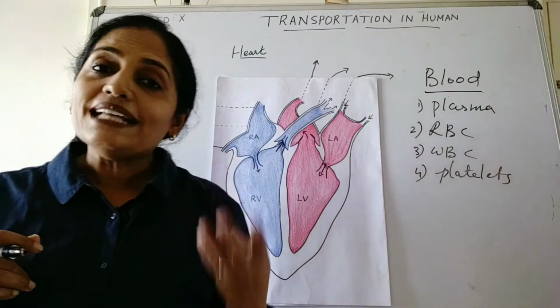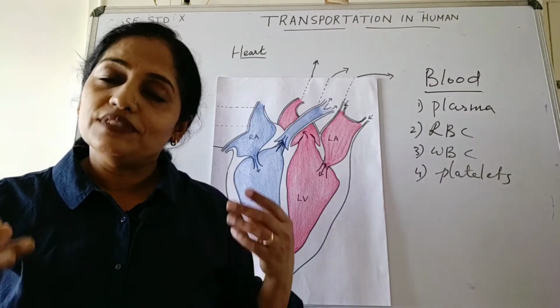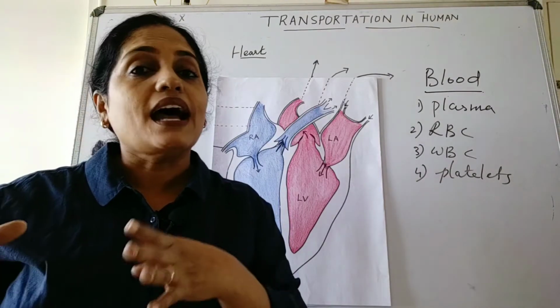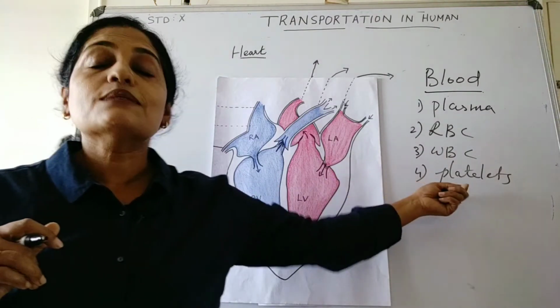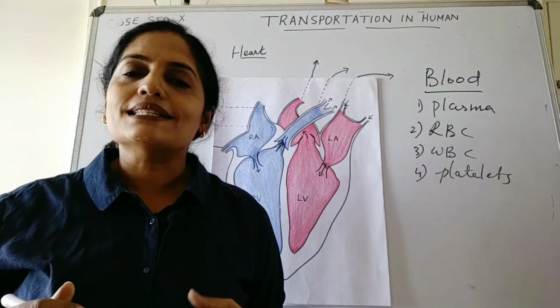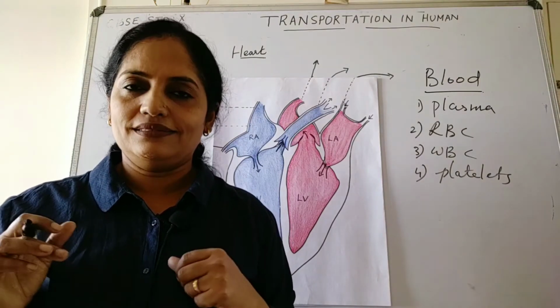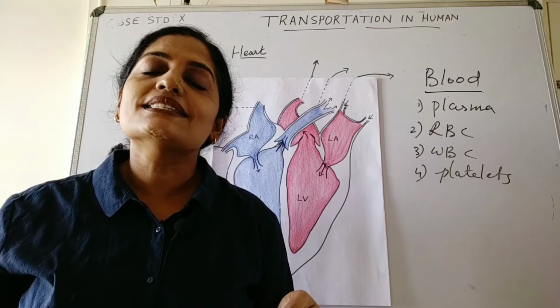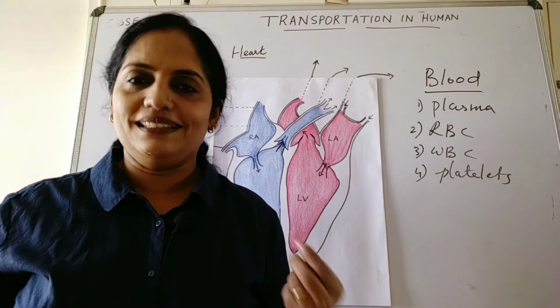WBC fights against infection or the different agents that cause infection in our body. Then next one is platelets. Platelets assist in the process of blood clotting and prevent excess wastage of blood or excess bleeding.